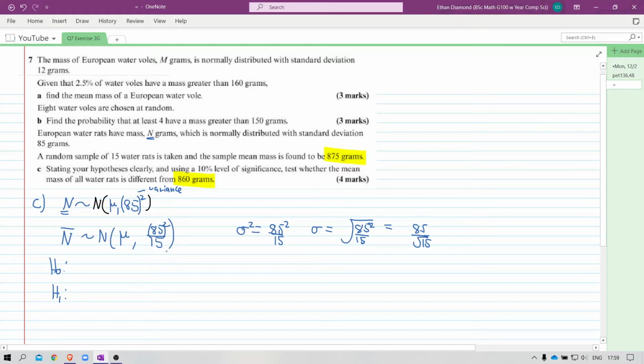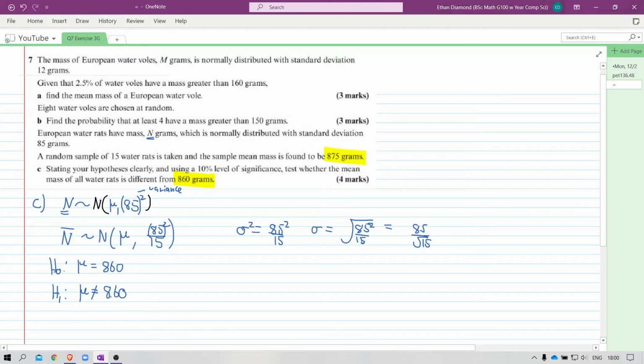So in this case, you have to think to yourself, what are we assuming to be correct? Right now, what we are assuming is that the mean is 860. We don't care about what we're going to observe, we just think that it's going to be 860. And the alternative is going to be different from 860.